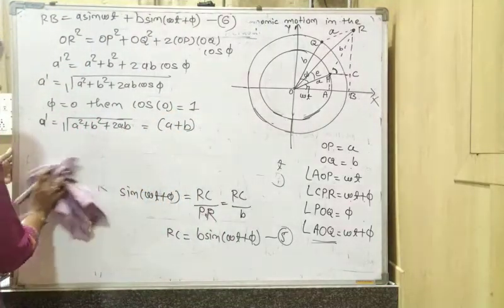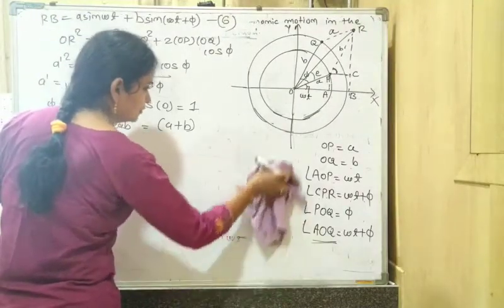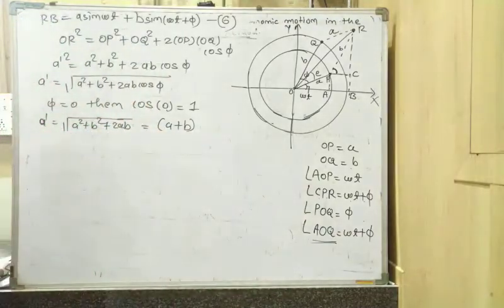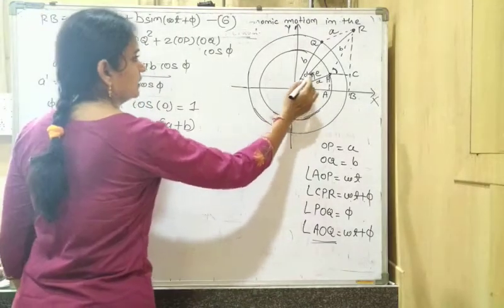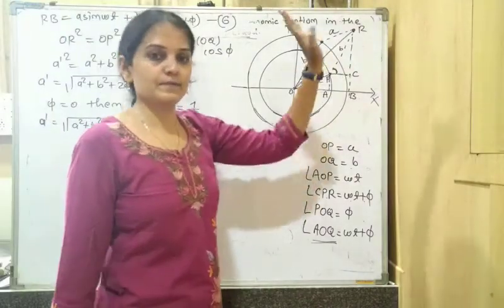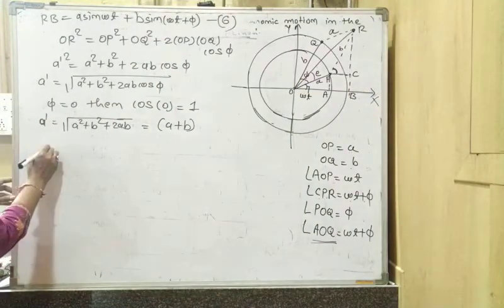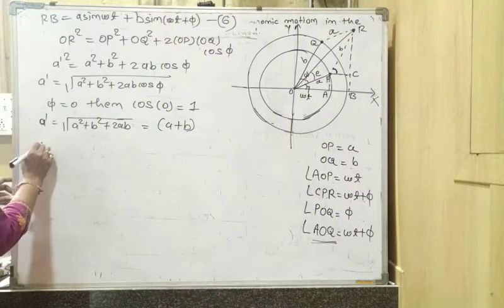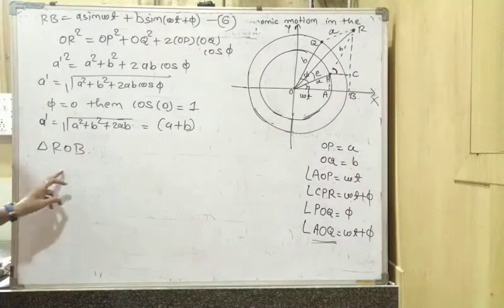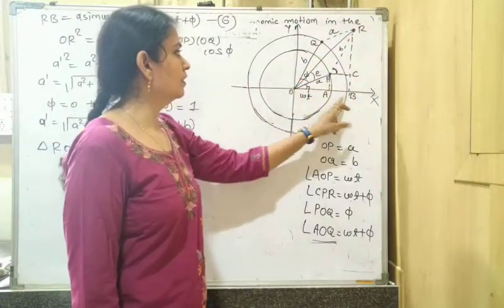Now the last point is that we have to calculate an equation of E, that is, the phase of the resultant vector OR. So first of all, take triangle ROB.